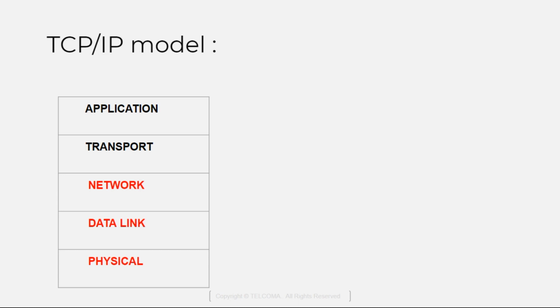So this model looks like this. It has 5 layers: physical, data link, network, transport and application. The networking model, which is also known as networking architecture or networking blueprint, is a complete set of all the documents.